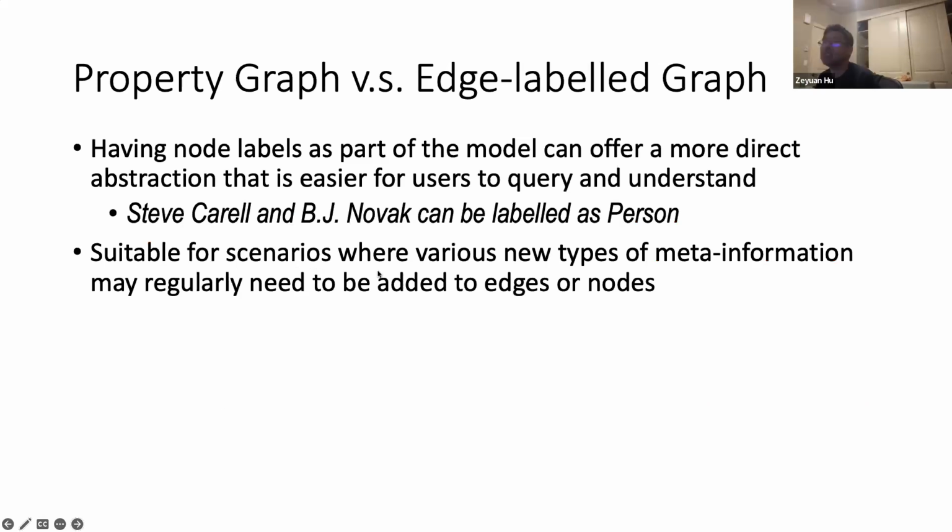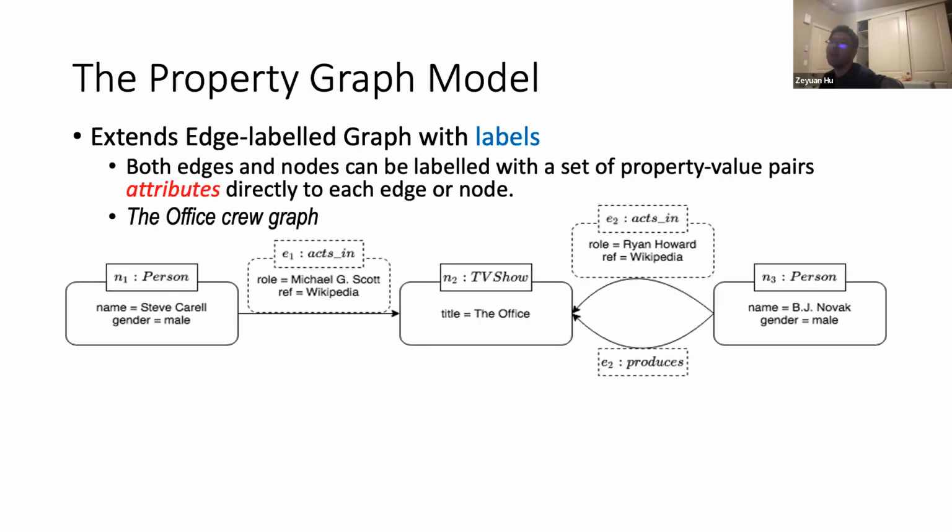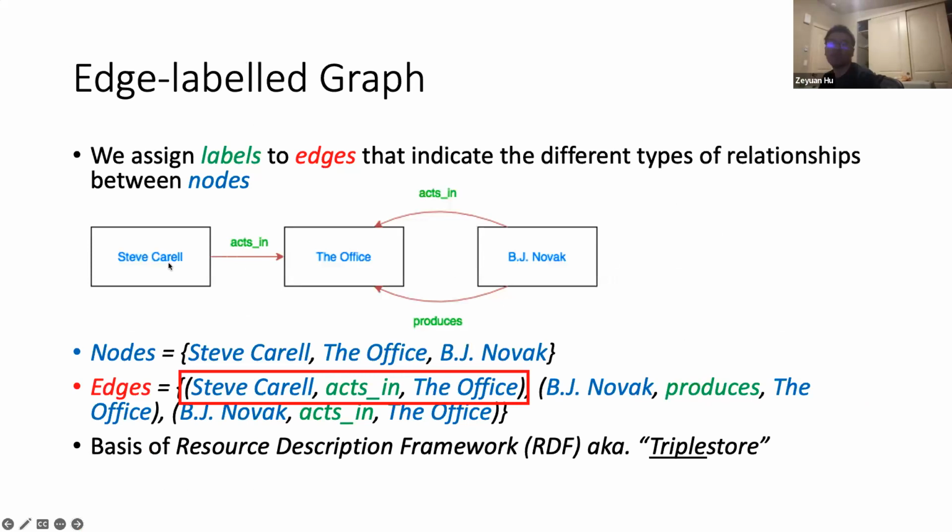So the difference between these two models is the following. The first is that having node labels as part of the model can offer a more direct abstraction that is easier for users to query and understand. So Steve Carell and BJ Novak can be labeled as Person. If we don't have any context at all, then we may not have any idea what a node is trying to represent.